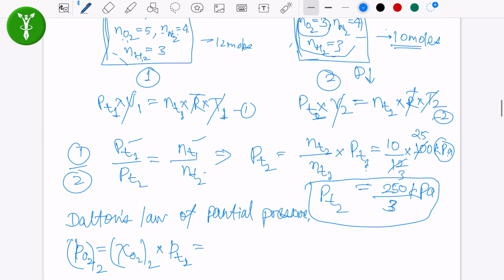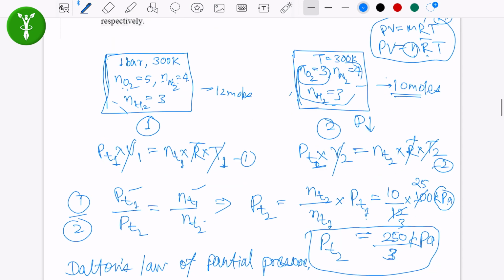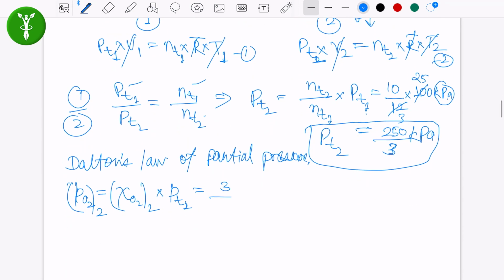What is the mole fraction of O2? Number of moles of O2 divided by total number of moles. Total number of moles is 10, and the pressure is 250 by 3. The 3 cancels. This is 25 kilopascal.